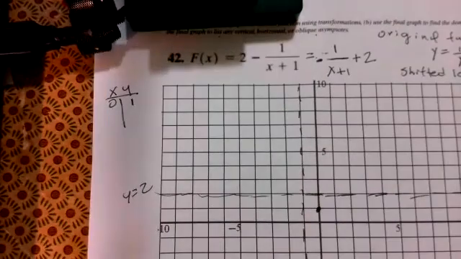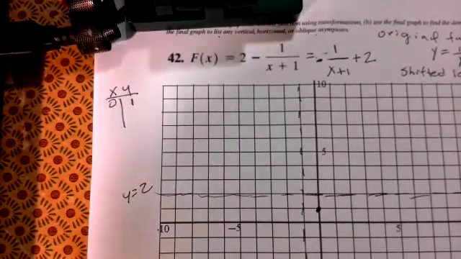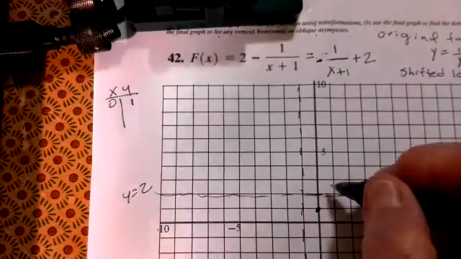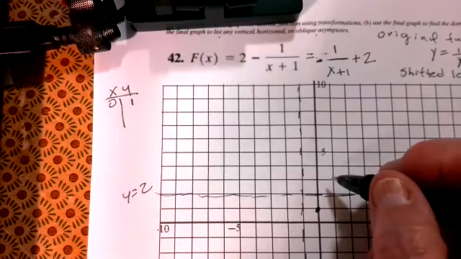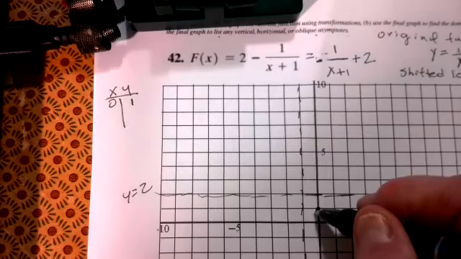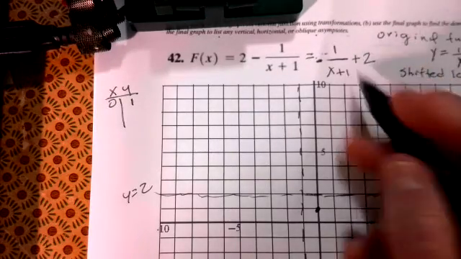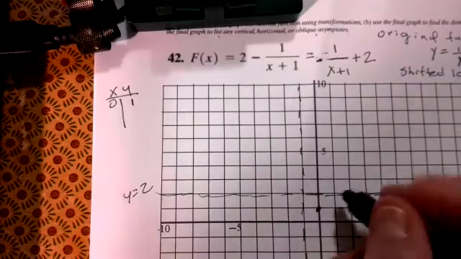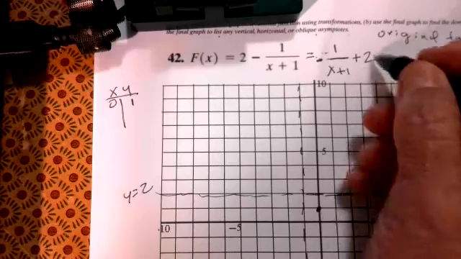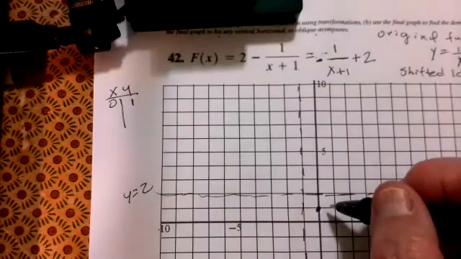And then let's see, what else might we want to do? Well, we know it's going to go through there. Oh, wait a second. Did I do that right? If x is equal to 0, yeah, that's right, because that would be a minus 1 plus 2, which would be a 1.